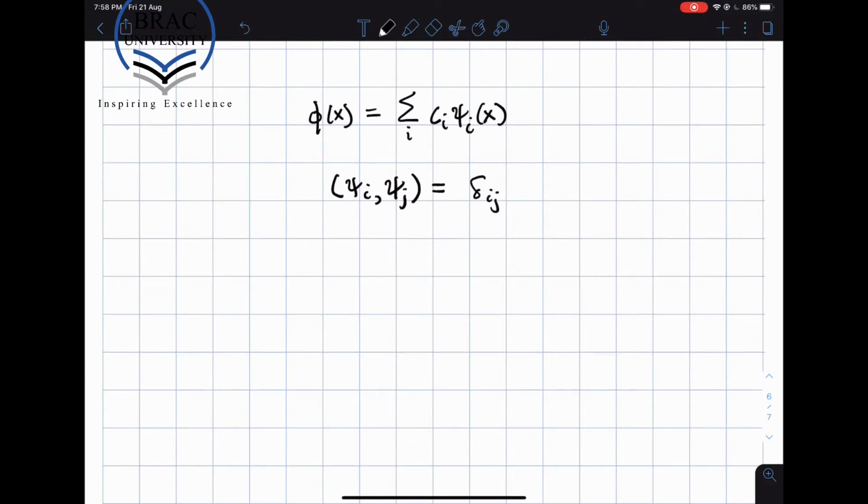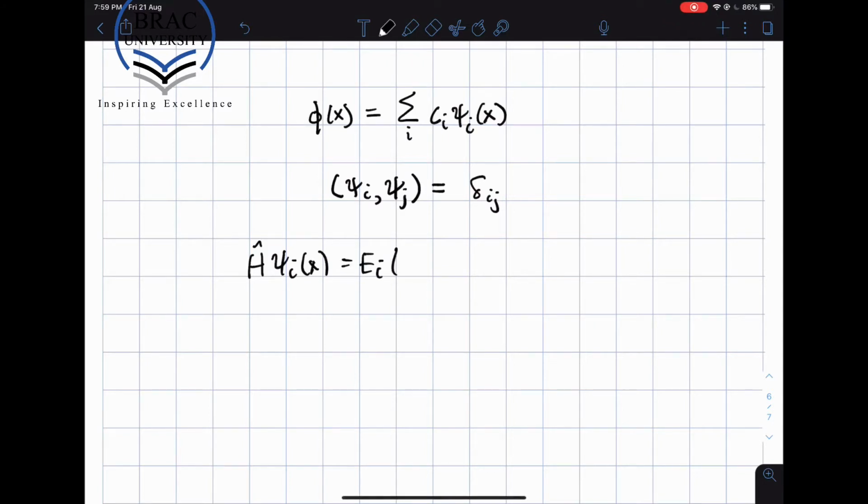So suppose that we are given phi. How can we express phi in terms of psi? In other words, how can we find this constant Ci? So what we're assuming is that we have the time-independent Schrodinger equation and we have solved it somehow. So we have solved it.